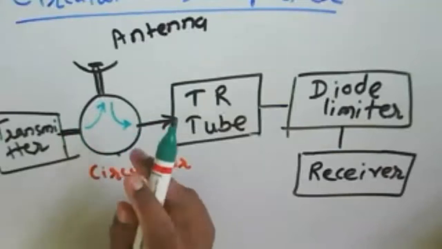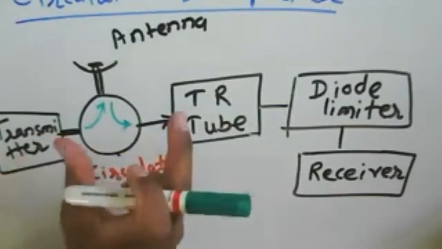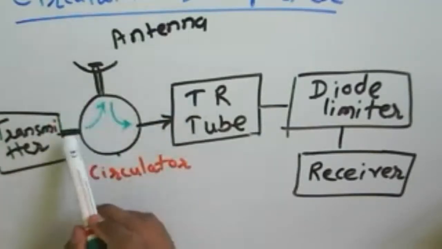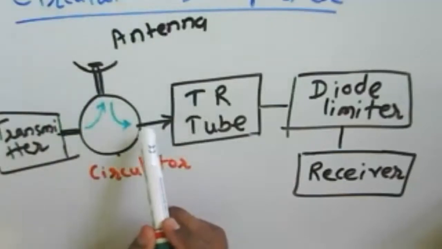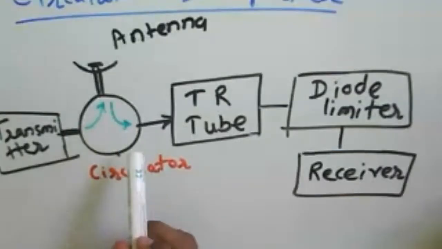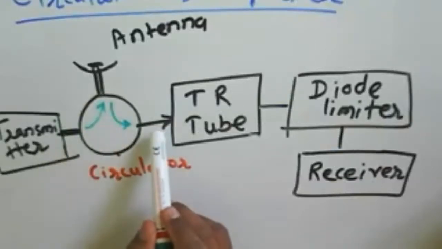Okay, that's why a single antenna can be used here for transmitting as well as receiving. This circulator has three ports, port 1, port 2, port 3. We can use one port as a transmitter, one port as the antenna, one port as a receiver.